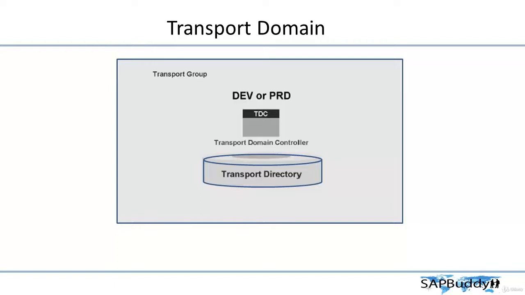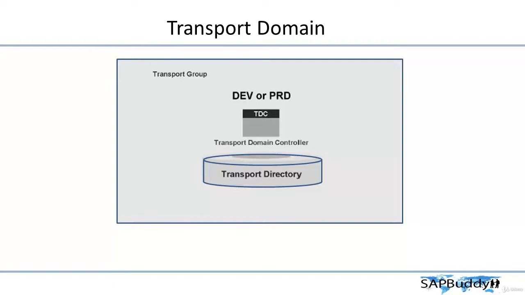Now you may think, if we select a normal system as a domain controller, then what will be the load and these kinds of things. In general, acting as a domain controller in a SAP landscape takes very few resources. So it's not really a resource-consuming task in SAP to be a domain controller.